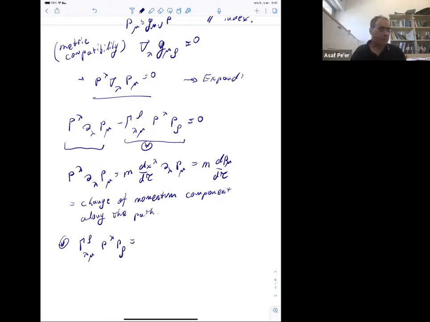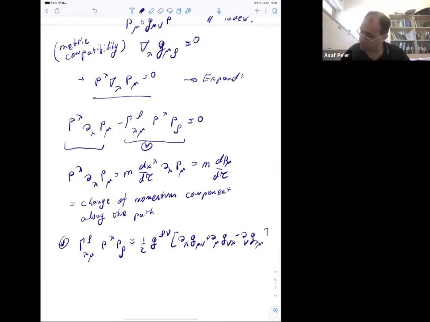Now I actually have to expand it, so it's half g rho sigma times d lambda g sigma mu plus d mu g sigma lambda minus d sigma g lambda mu, times p lambda p rho.